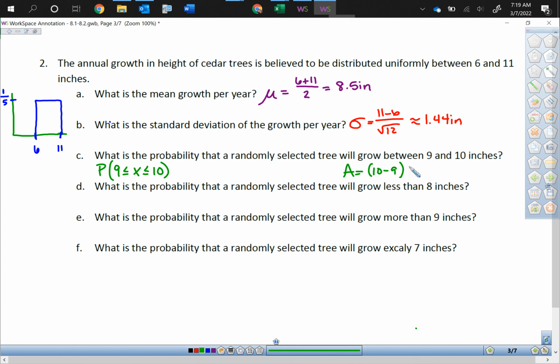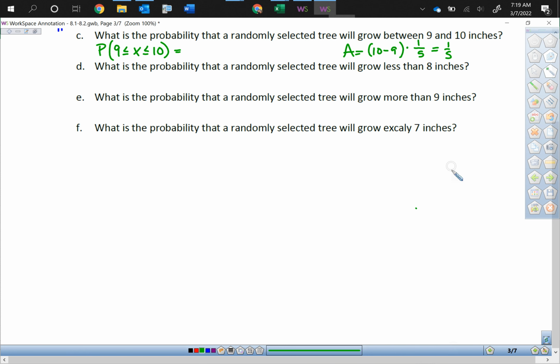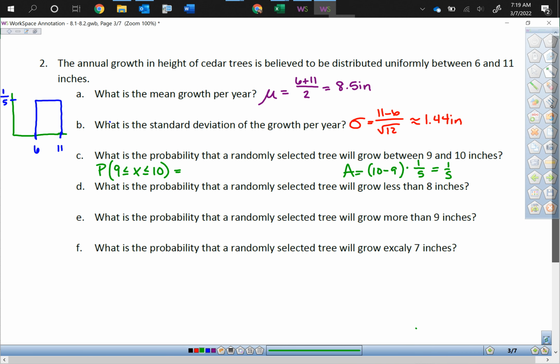And we're going to multiply that times the height, which we already said was 1/5. So 10 minus 9 is 1, times 1/5 is just 1/5. So the probability that a randomly selected tree will be between 9 and 10 inches is 1/5, which we know is 0.2.